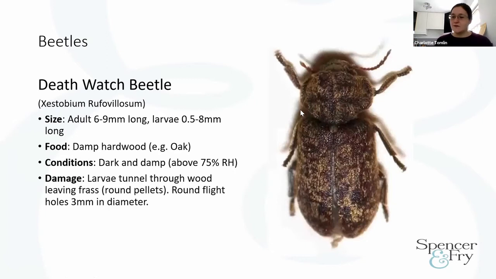So now we've had a bit of an introduction about the life cycle of pests, we get a more concentrated look at the different specific species. First I want to introduce you to the death watch beetle. If you don't have any experience of pests, this is one you might have heard of because of the folklore of it being associated with death.